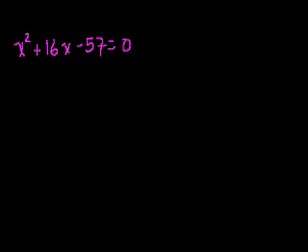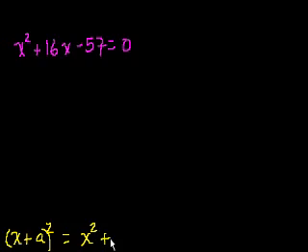Before we move into this video, let's see what happens if I square an expression. Let me do it down here. What is x plus a squared? Well, that equals x squared plus 2ax plus a squared, right?